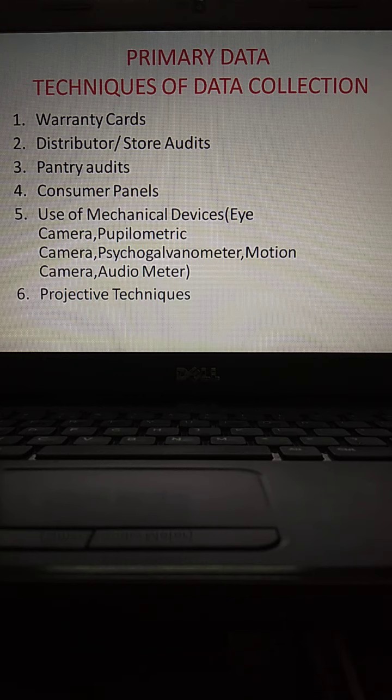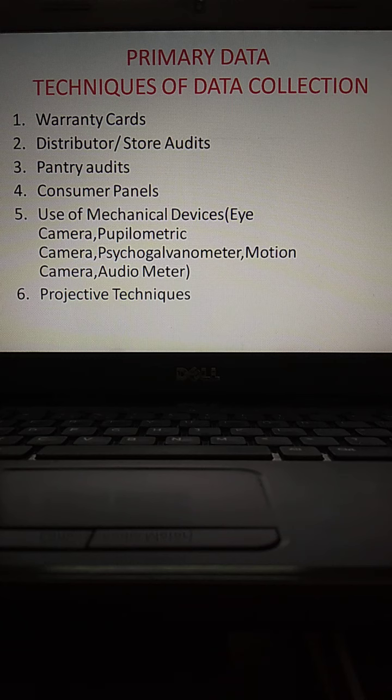Consumer panels: big companies officially form consumer panels regarding the uses of their products. Very often they will be collecting information directly from the consumers. Besides that, what other things are available as far as primary data is concerned? These are very latest, modern methods, like the use of mechanical devices.